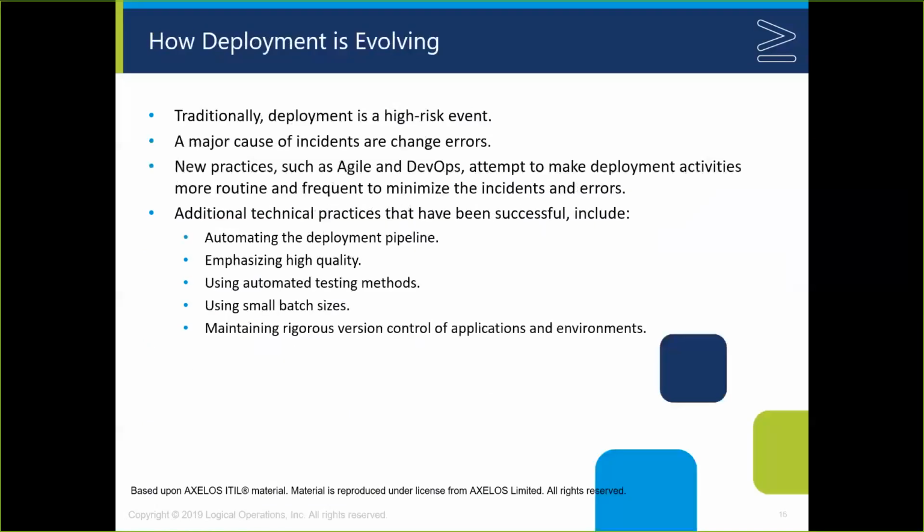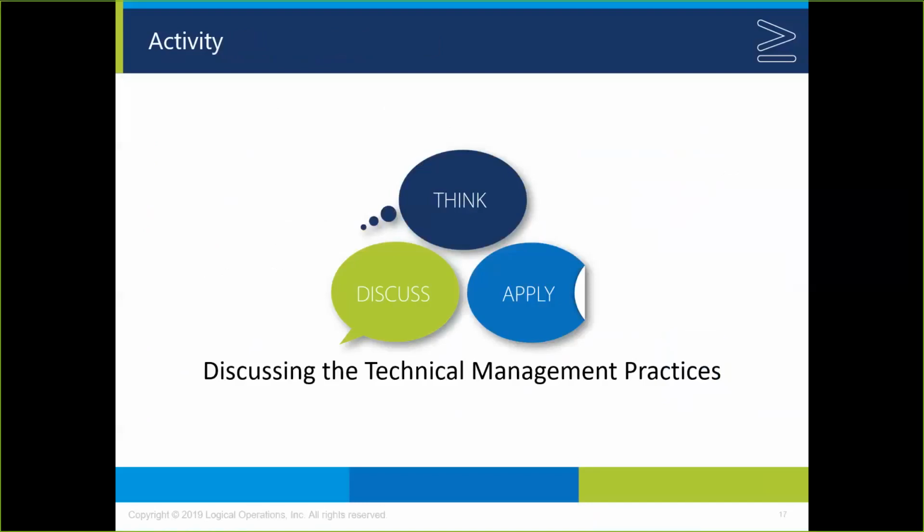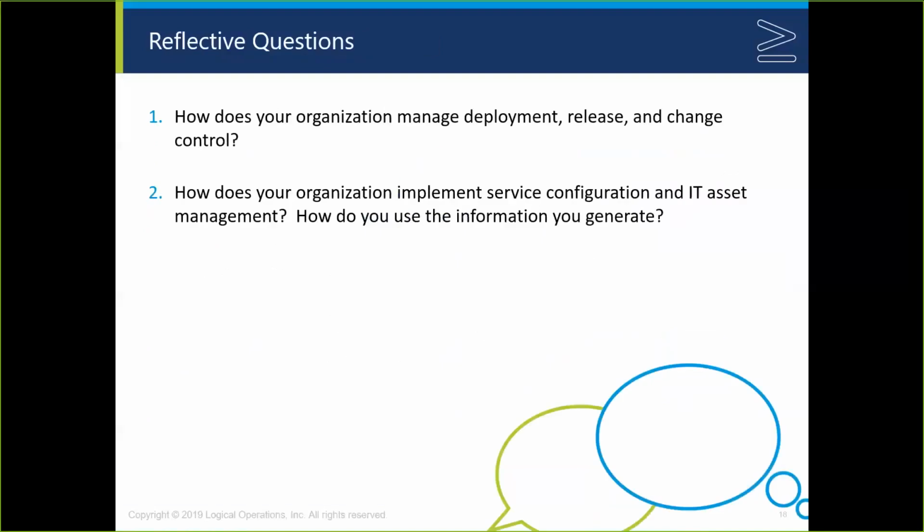So we then kind of take them through that brief conversation of what we just went through, that deployment is really changing in the world, that Agile DevOps approach is really focused on making deployment part of the routine pipeline of work and kind of keeping that stuff moving. And then you have some last questions, and that's really the end of it.